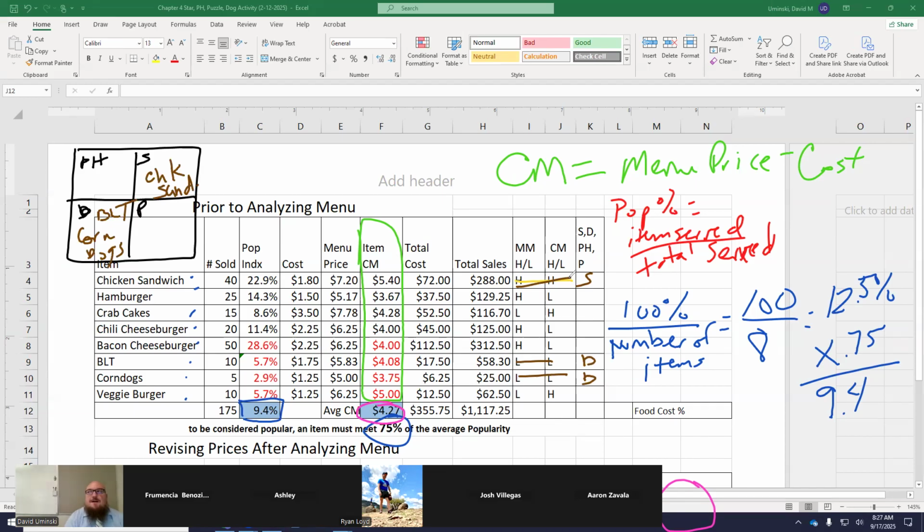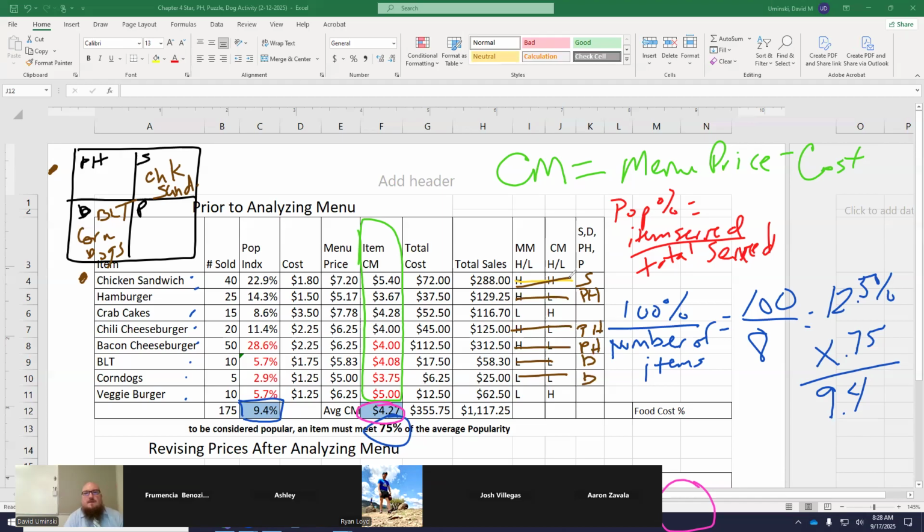Okay. Now the puzzle and the plow horse get somewhat confusing. We think about popularity high. So we put our popularity up here high and our contribution margin low. And where those two lines intersect is our plow horse. So this is where I'm going line by line and I'm only looking for that high-low combination. High popularity, low contribution margin.